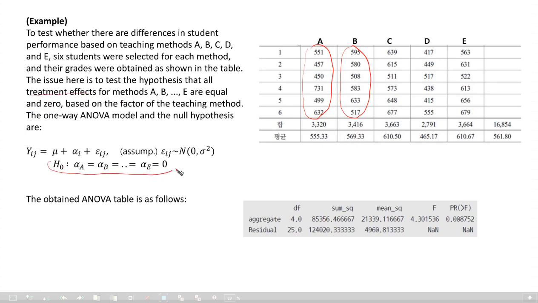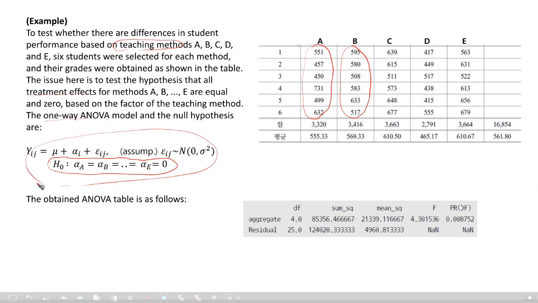What is the factor? Teaching method. Any difference among the 5 teaching methods? So the one-way ANOVA model and null hypothesis are like this.